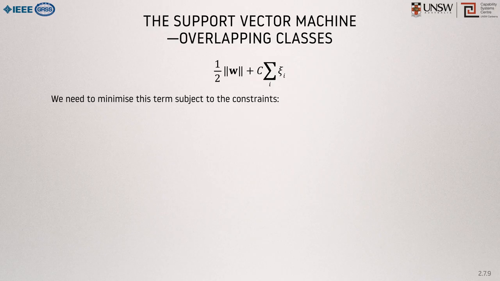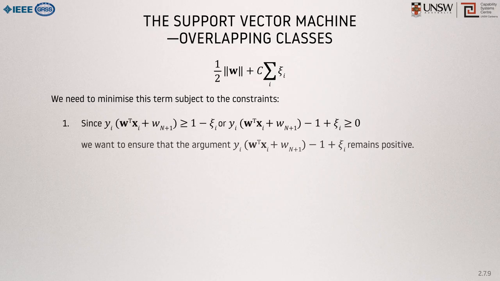Similar to the case of non-overlapping data, we seek to ensure that the argument y subscript i, brackets w transpose x i plus w n+1 close brackets, minus 1 plus xi, remains positive. Remember, previously this constraint did not contain the xi. Secondly, we need to ensure that each xi remains positive, as defined.